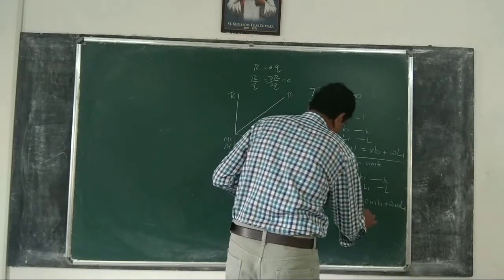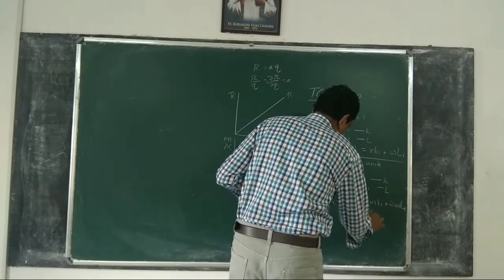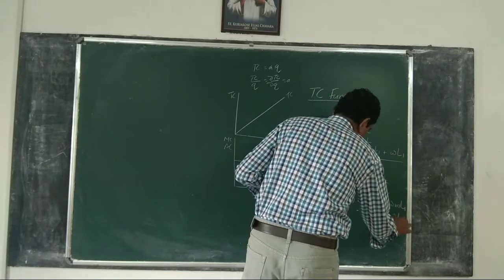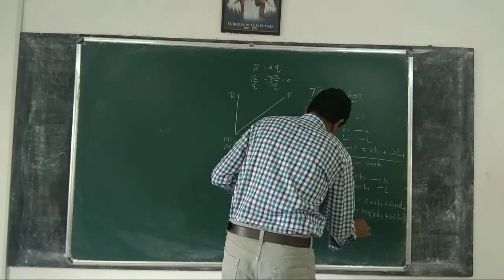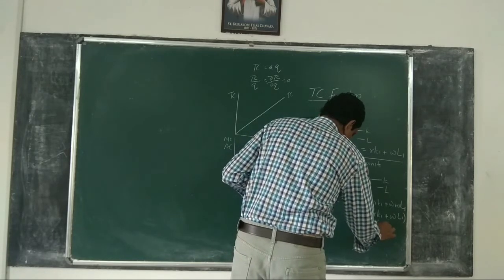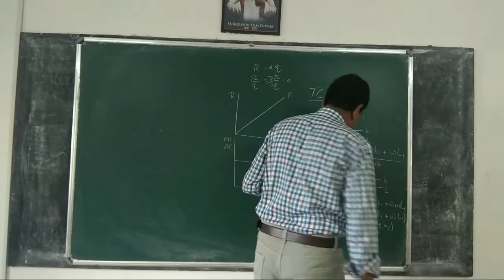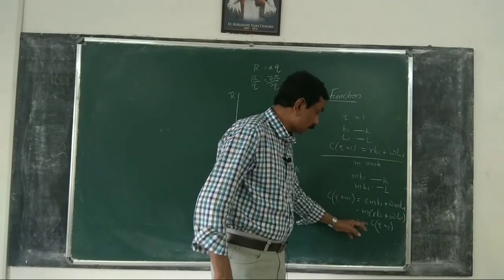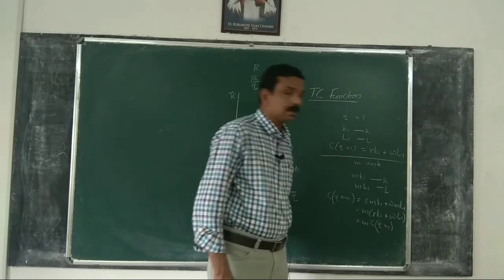So that is equal to M into (R K1 plus W L1), which is M times the cost of producing Q equal to 1. So proportionality between cost and output is established.